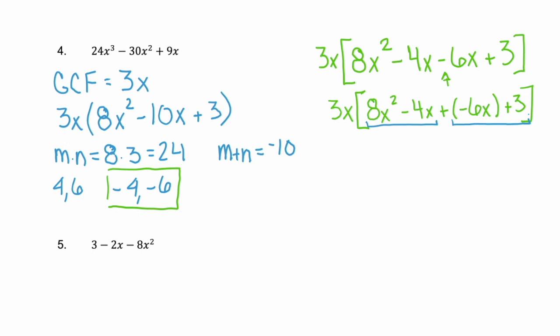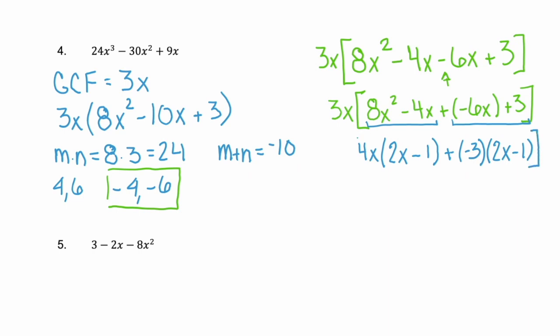Okay, now we use the associative property to group these, the first two terms and the last two terms. The first two terms, they have a GCF of 4x. So we factor out the 4x and we're left with a binomial of 2x minus 1. The second grouping, they have a GCF of negative 3 in common. We factor that out and we get that same binomial of 2x minus 1.